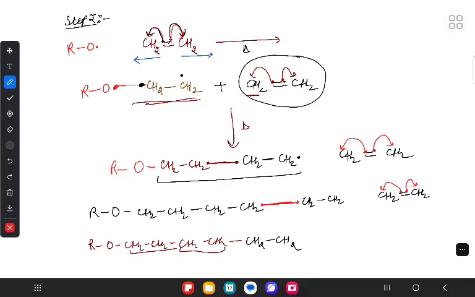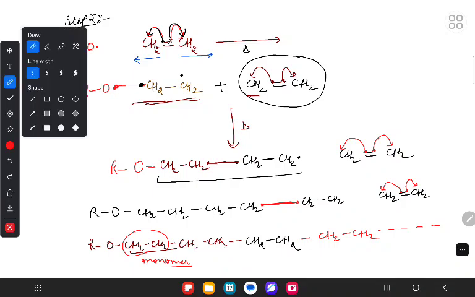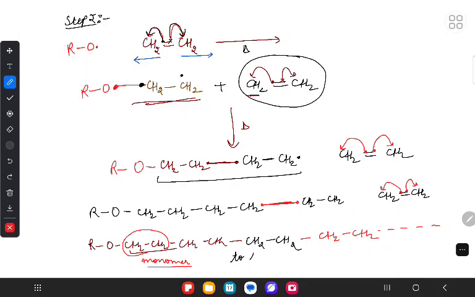Are we understanding? Any doubts in this system? Right? Then again, we have the molecules, and this process will continue. So you understand that a single monomer is forced to connect to other monomers to form a long chain polymer.